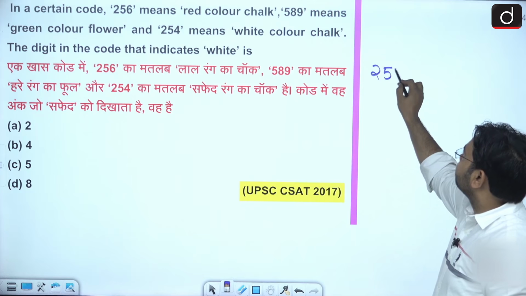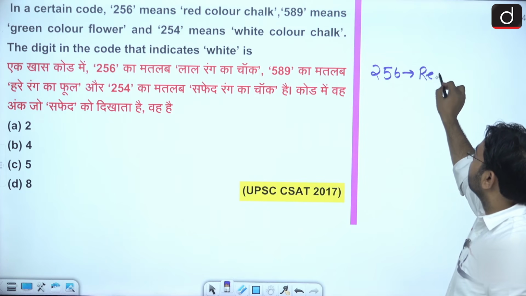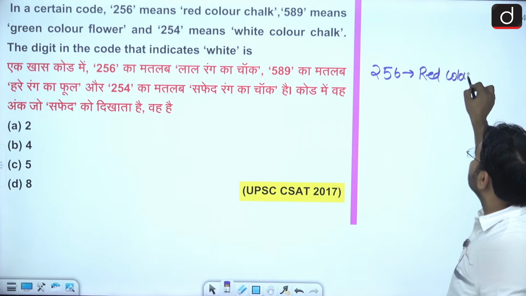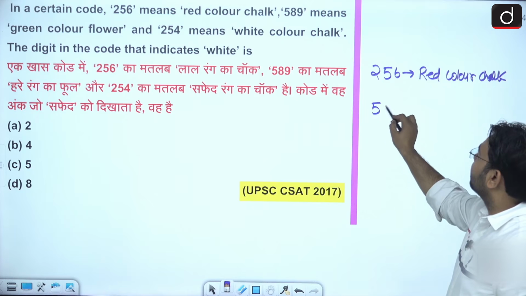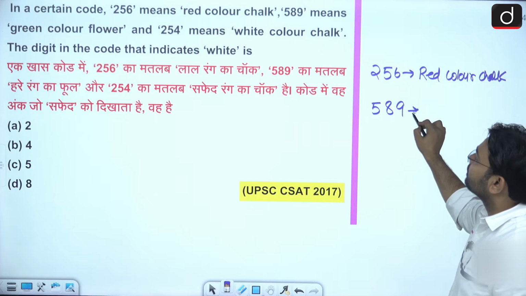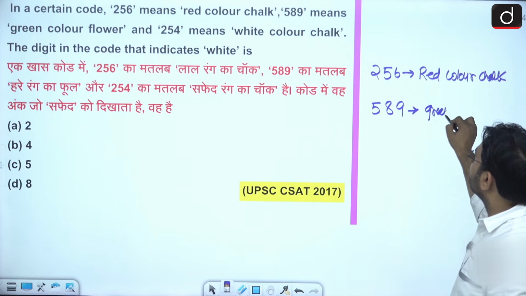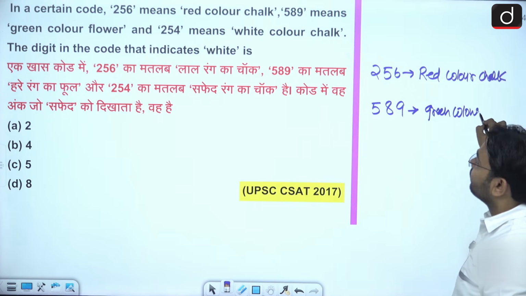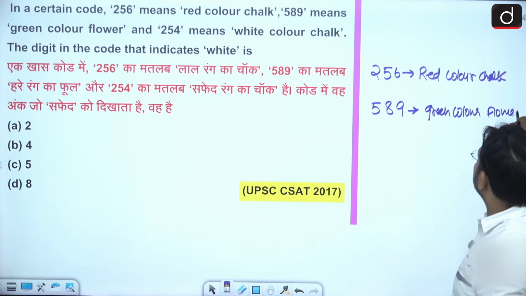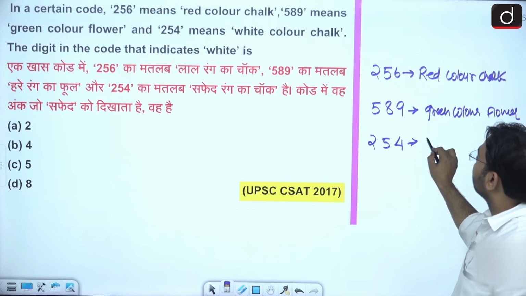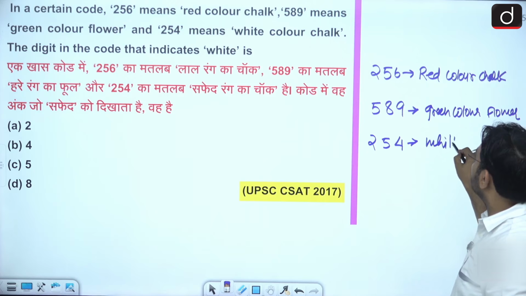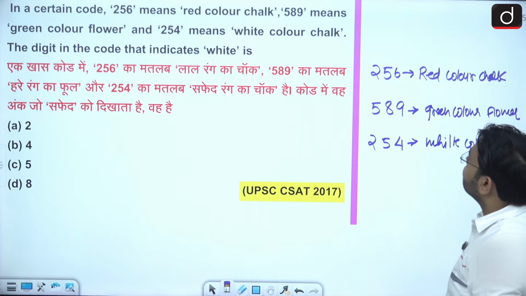256 means red color chalk. Then 589 means green color flower. Then 254 means white color chalk.